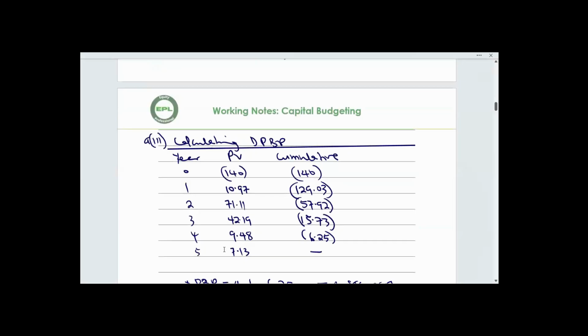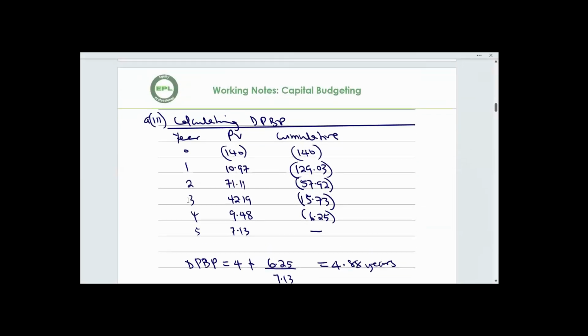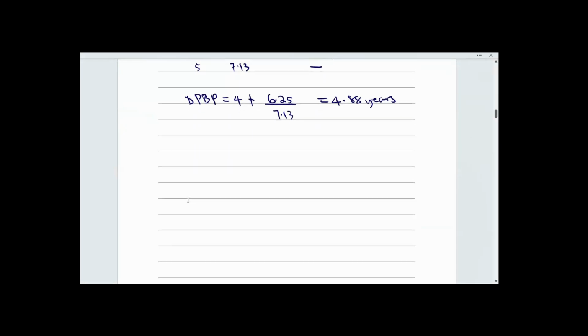So this is how to calculate discounted payback period. If not because of the fact that we have calculated present value before, of course, it would have been more than this. Just create a column for the year, the cash flow, the discount factor, the present value, then the cumulative.